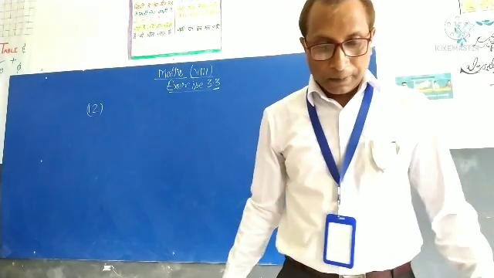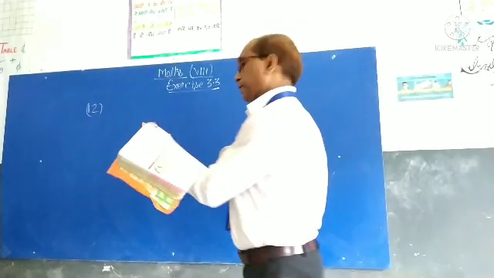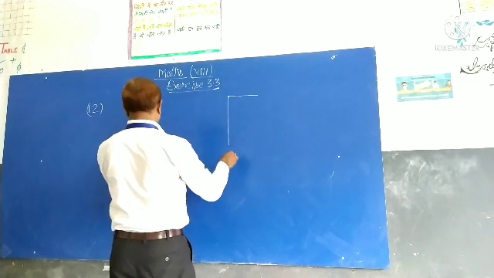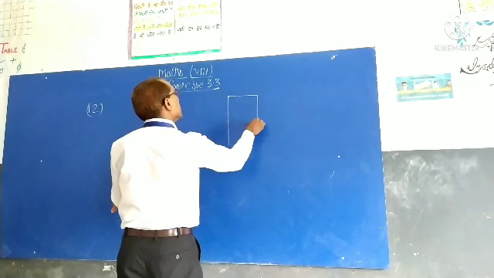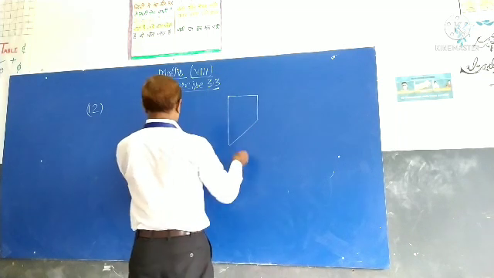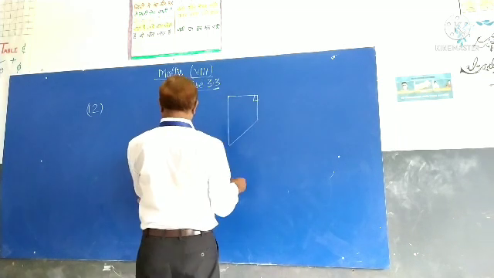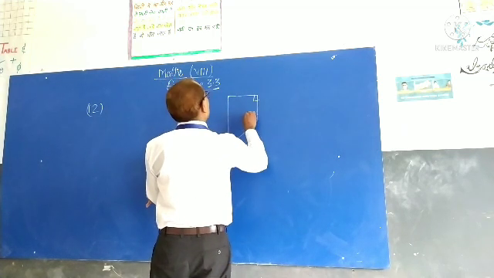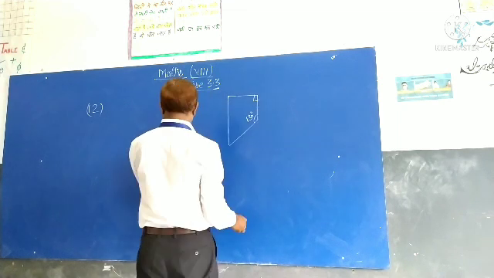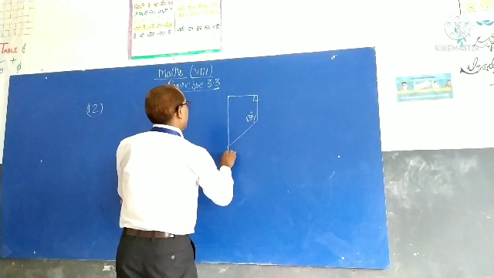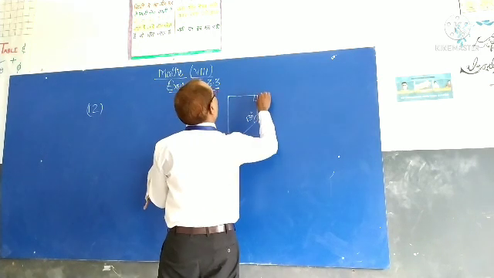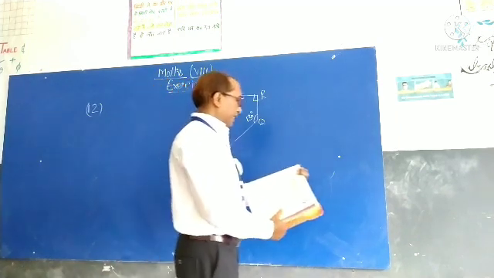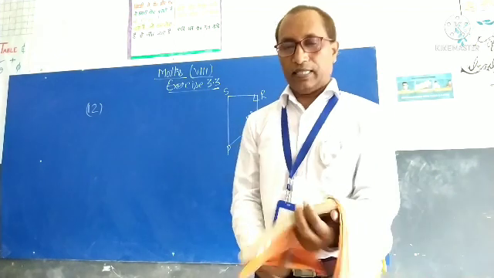Here is the figure. Here is 90 degree angle R and angle Q is 130 degree. P, Q, R and S. You find out the measure of angle P and angle S respectively.